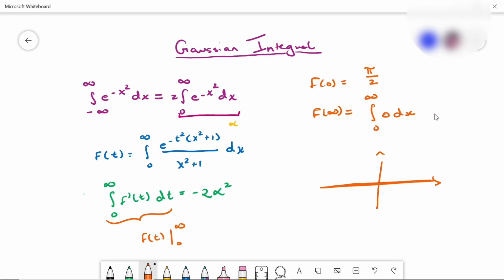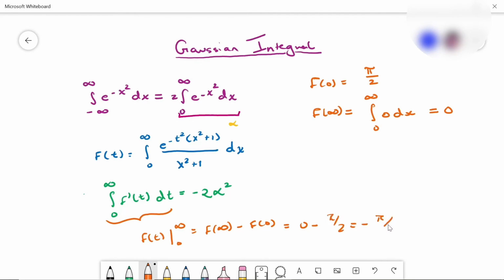So the integral is just equal to 0. So with a bit of intuition, we found out that this is just 0. So this thing here is just equal to f of infinity minus f of 0. We know f of infinity, which is 0, minus, we know f of 0, which is pi over 2. That's just minus pi over 2.